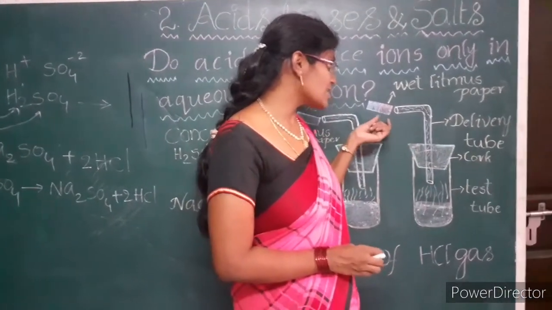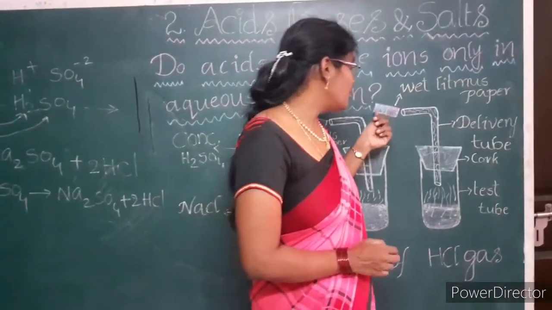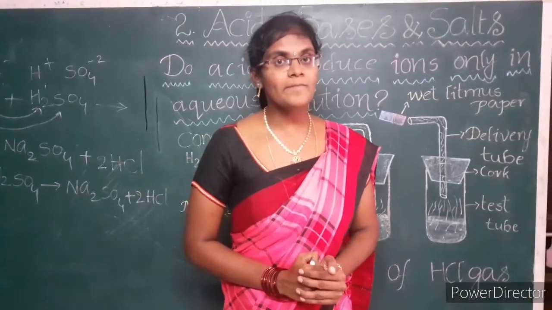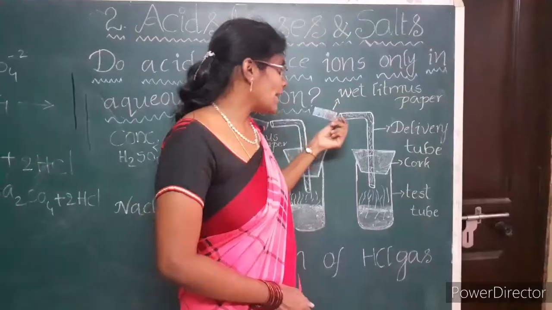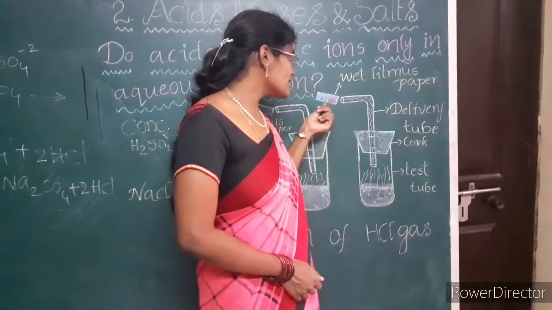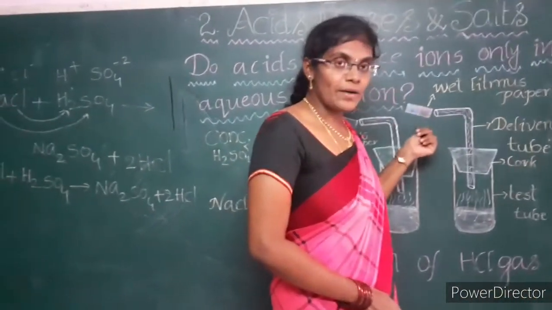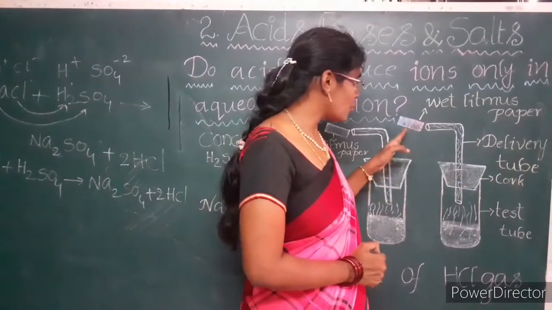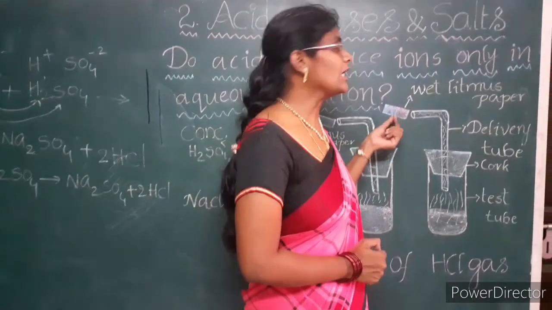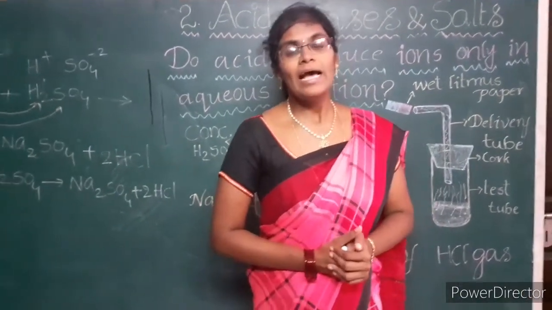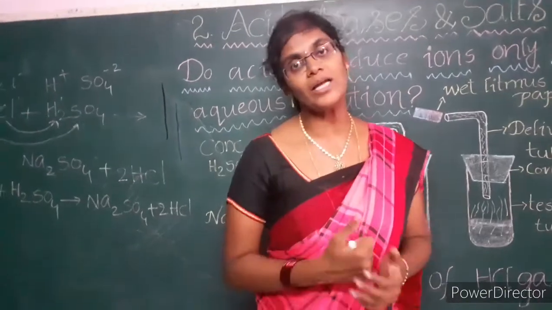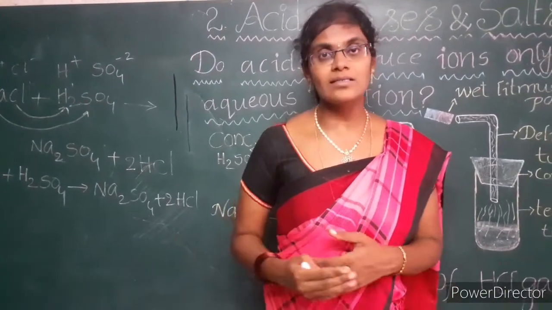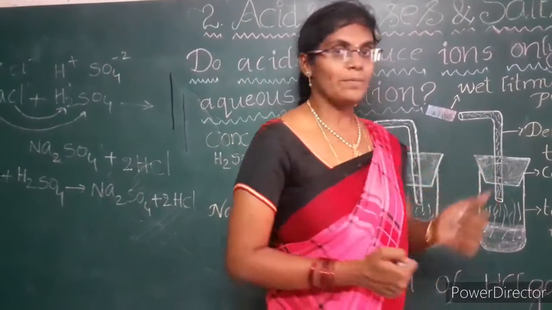Okay, in this case we observed that the blue litmus paper turns into red. Why? Because the hydrochloric acid gas touches the wet litmus paper. Wet litmus paper contains water. When it touches the water, the acid dissociates into ions, H plus and Cl minus ions. So in this case, it turns the color of the blue litmus paper.